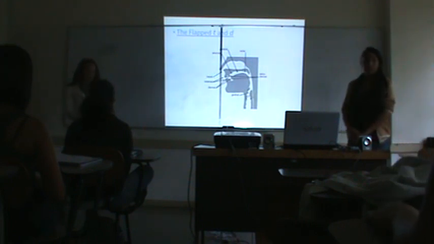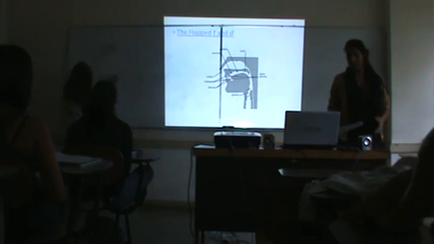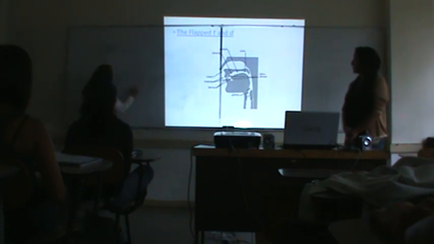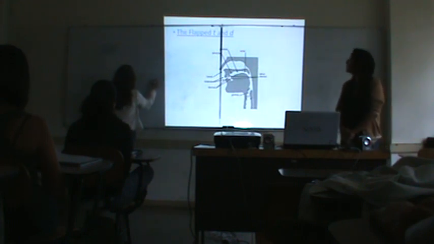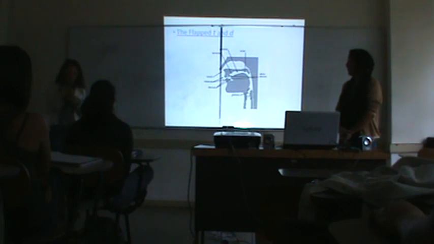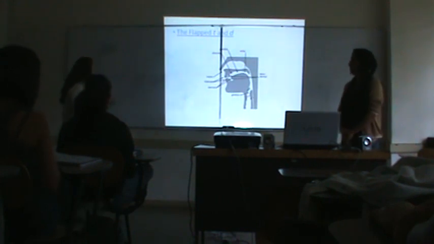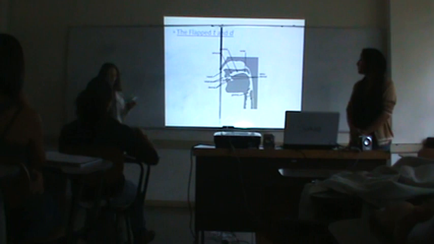The symbol of the IPA is this one, something like that. But in dictionaries you can find it like this, or like this. So each of them can represent the flap T and D. Also, the place of articulation of this flap T and D is the alveolar ridge.